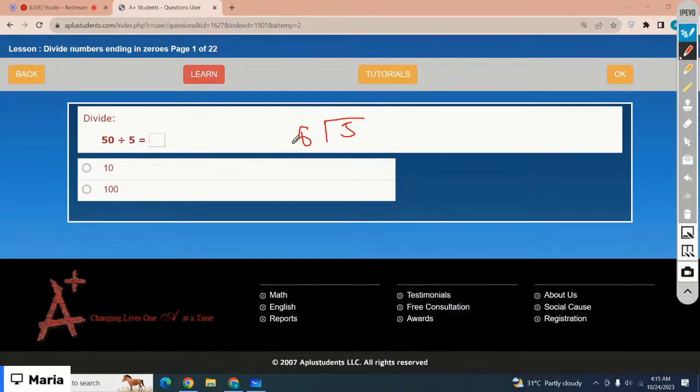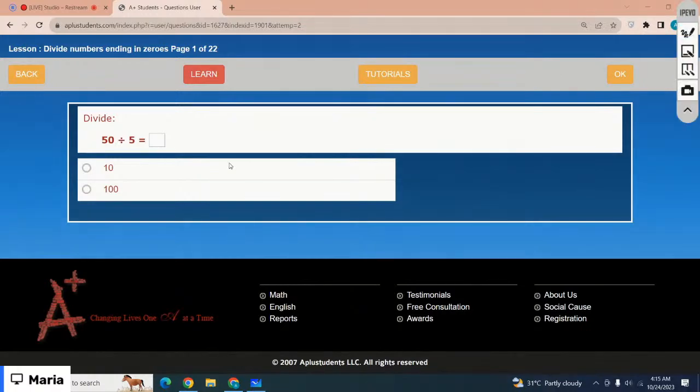Yes, 5 times 1 is 5. You can add now the 0 to here. So 5 times 10 is 50. So the correct option is 10. Got it?